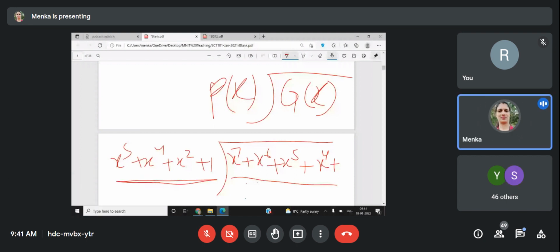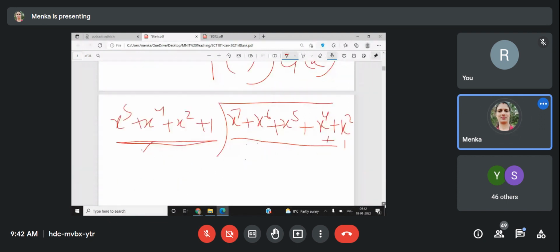Okay. So I'll be writing slowly so that it can be visible. So this was your g(x) and this is your p(x). If you multiply this with x square, it means this can be divided well. So multiplying by x square you will have x^7 + x^6 + x^4 + x^2.